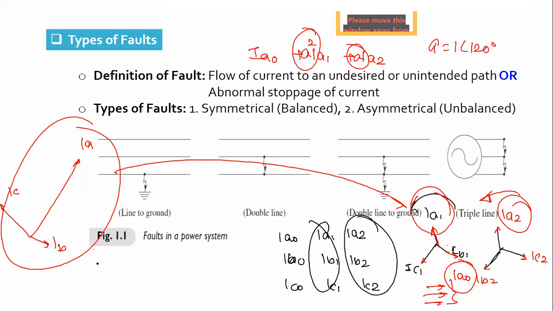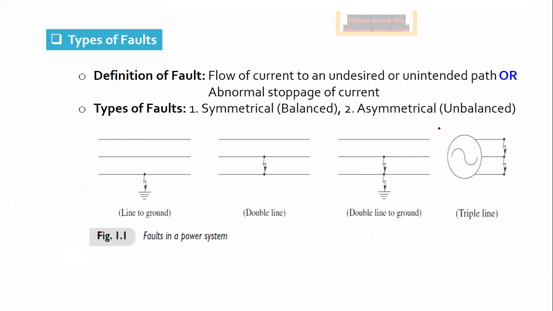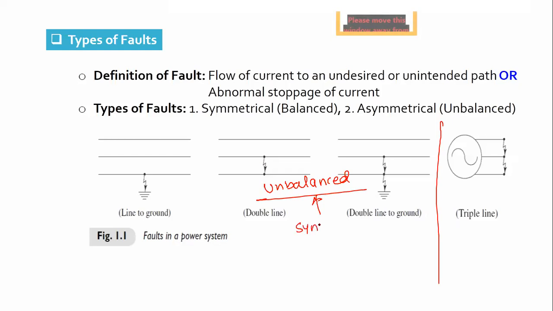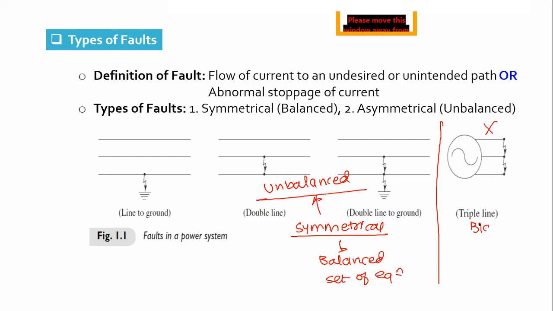So the basic difference between unsymmetrical and symmetrical fault analysis is that here the system is in an unbalanced condition, and that is why you require symmetrical component theory to convert it into a balanced set of equations. In symmetrical fault analysis we do not require symmetrical component theory, it is already balanced, and the analysis can be carried out on a single phase, per phase basis.